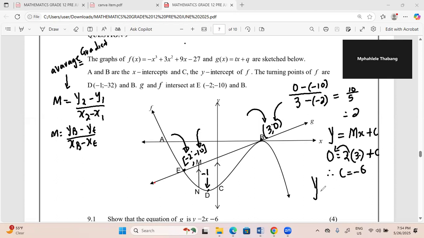So y equals 2x minus 6. You can write it as g of x equals 2x minus 6, which is the equation of the line EB, the equation of the straight line which passes through the point E and through the point B. It's very important: if you are looking for the equation of a line, you need to find the gradient of that line. How did we find the gradient of a line? We use the formula change in y over change in x, y2 minus y1 over x2 minus x1.